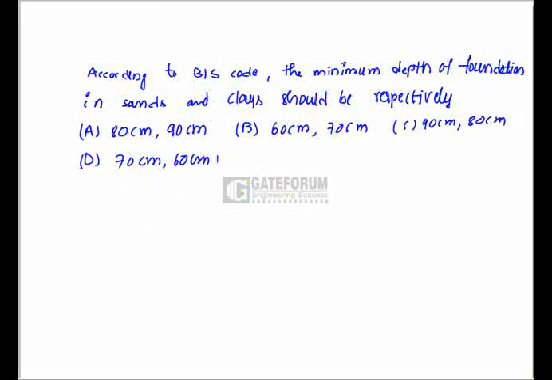To choose the minimum depth of foundation for sands and clays as per BIS code, we have to choose it in such a way that the sands are going to have less settlement and the clays are going to have more settlement. So the minimum depth of foundation required for sand is going to be low and for clay is going to be high.